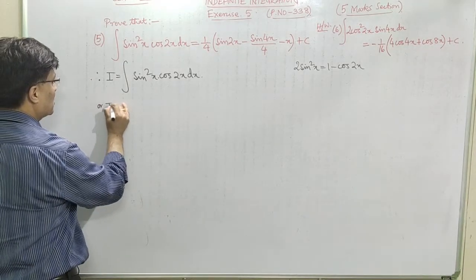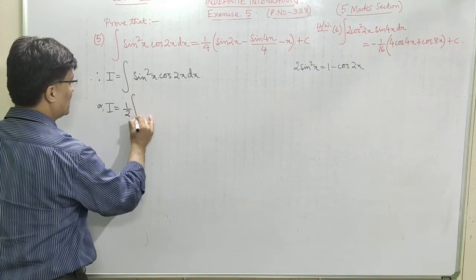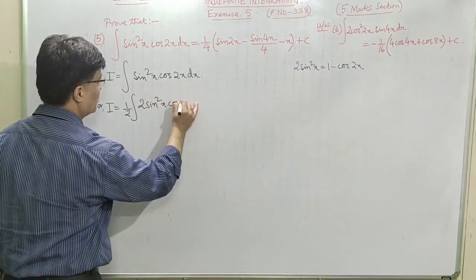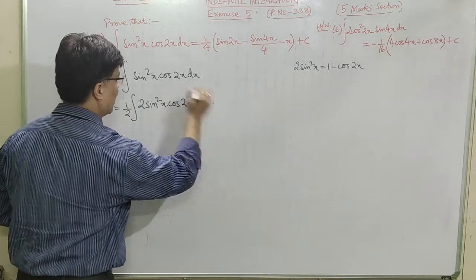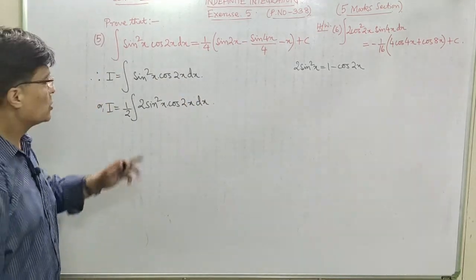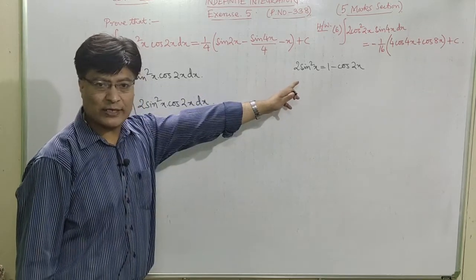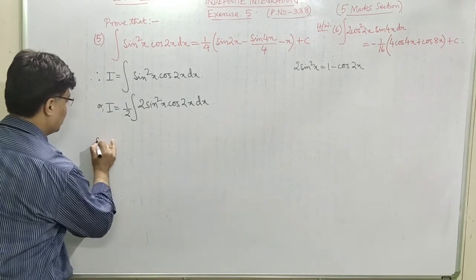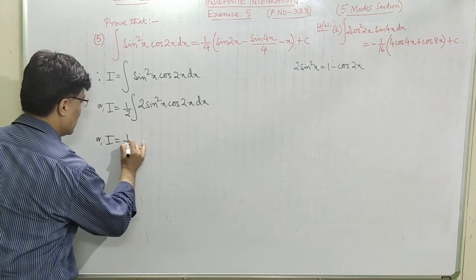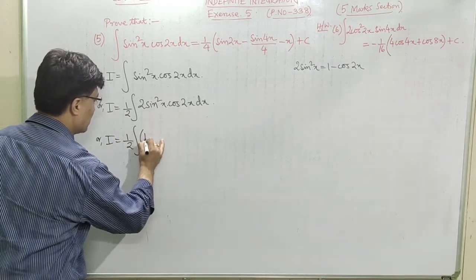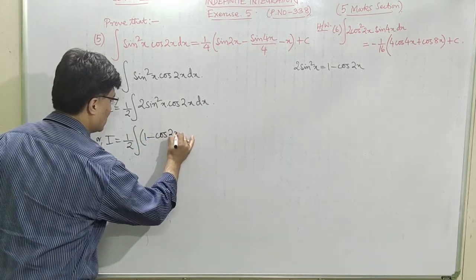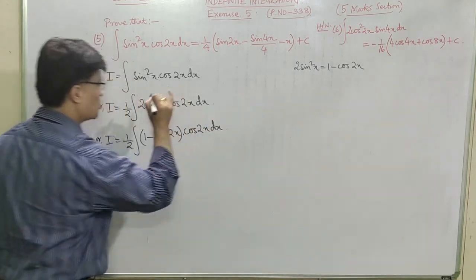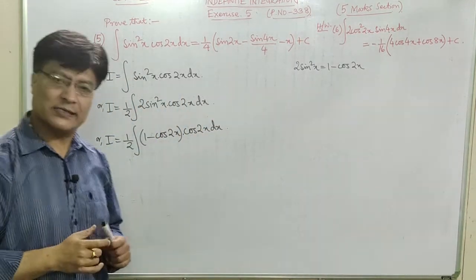So I is equal to half integration of 2 sin²x into cos 2x dx. Let us use the formula of 2 sin²x in multiple angles, which is equal to 1 minus cos 2x. So I is equal to half integration of (1 minus cos 2x) into cos 2x dx. Is that clear?